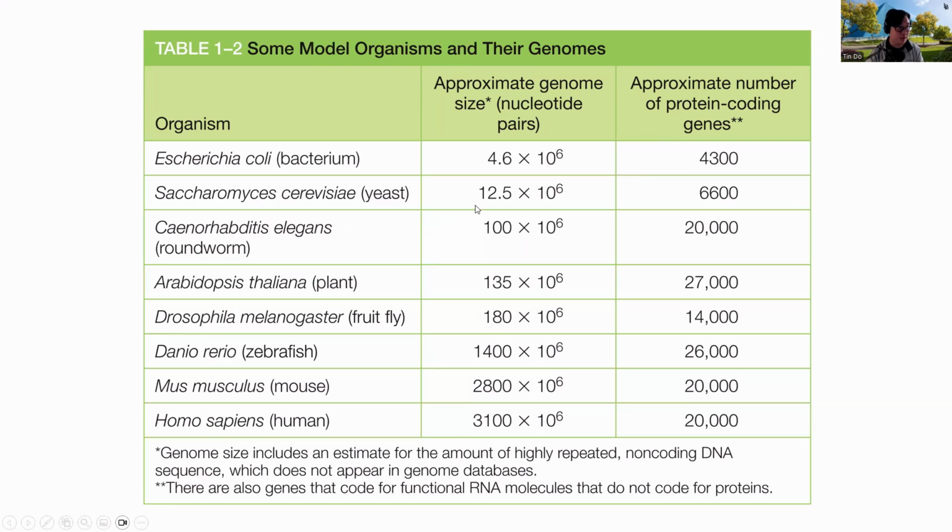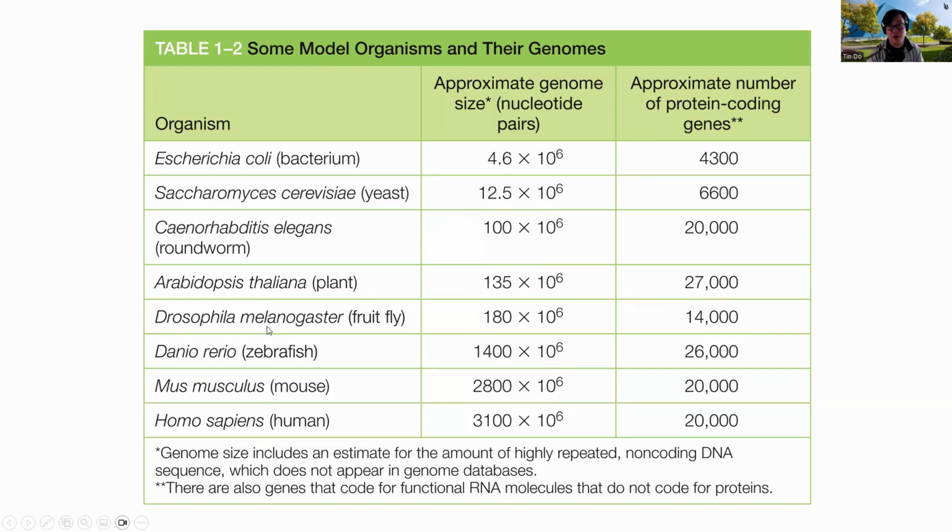We have yeast cell, Saccharomyces cerevisiae, which is about 3 times bigger than the E. coli DNA strand right here. Okay. We have Arabidopsis thaliana, which is a plant that we use quite often. We'll talk more about that in the next section when we're looking at model organisms, but this is a very, very nice model organism.